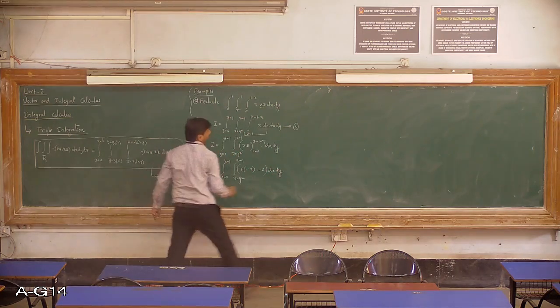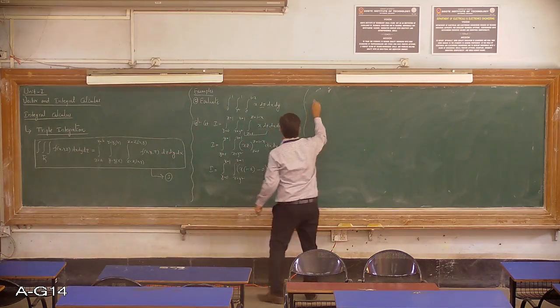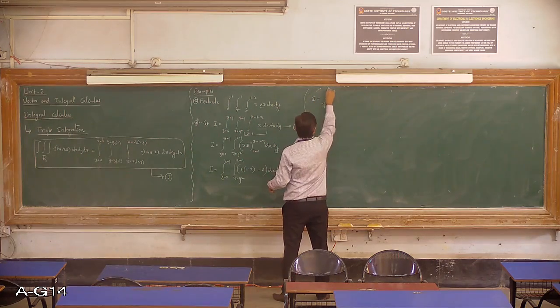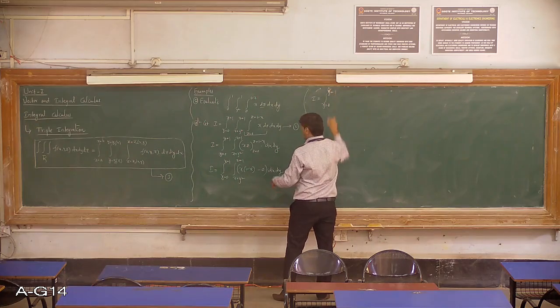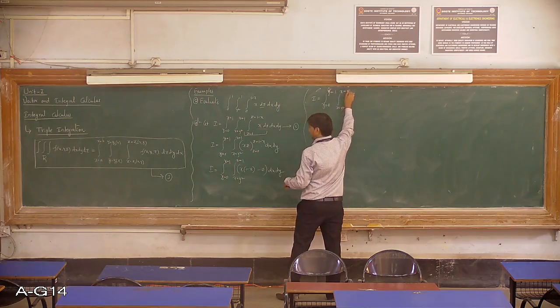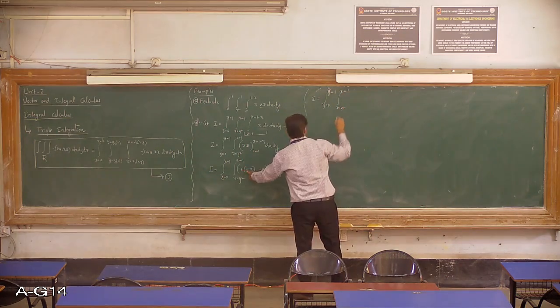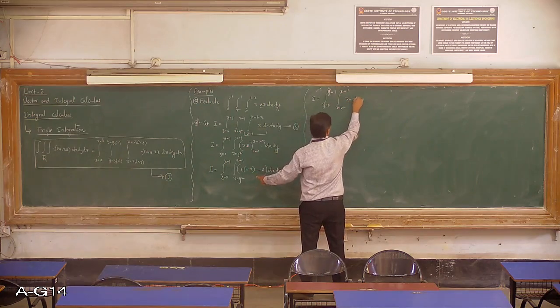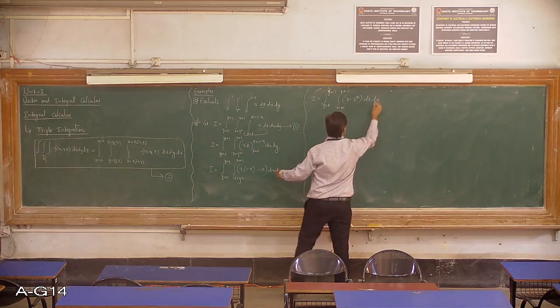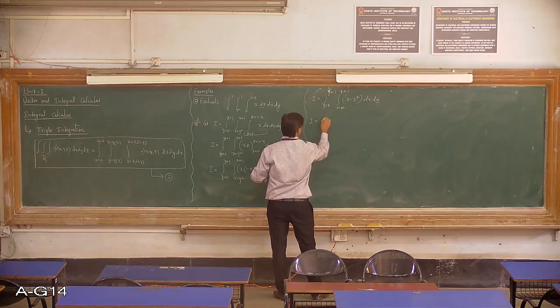So I equals the integral of x into 1, that is x, minus x into x, that is x square, dx dy. Now integrate with respect to x.